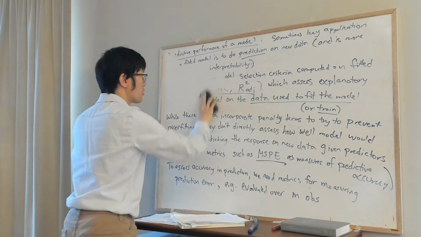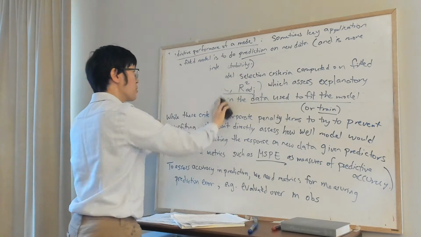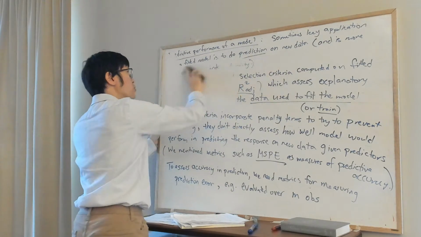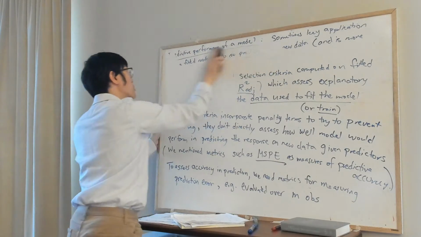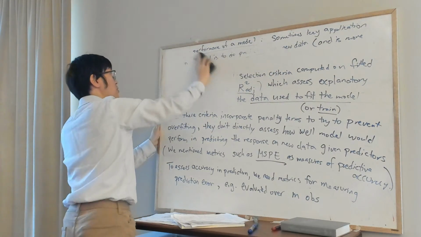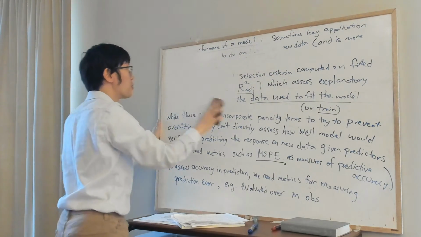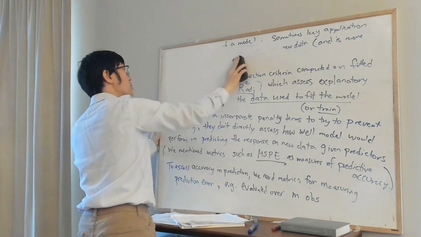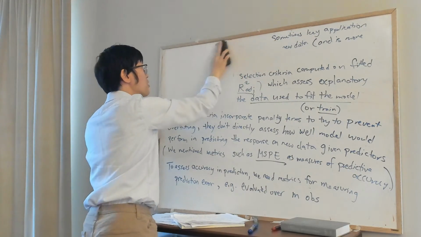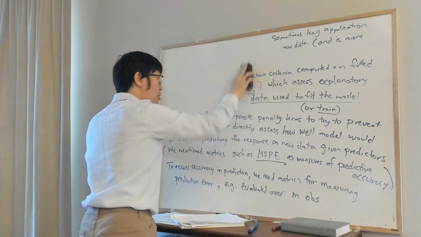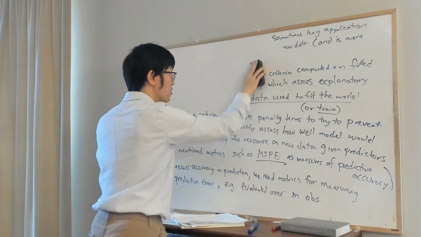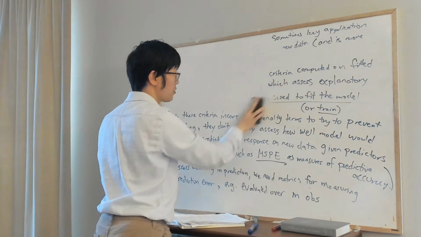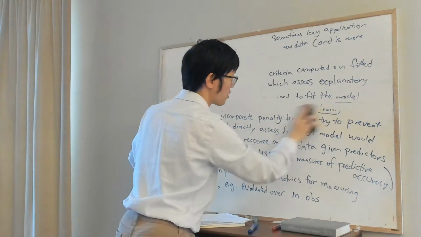One of the most natural ones is, considering that when we fit our regression models, we use least squares. What does least squares do? By construction, least squares seeks to minimize, remember that it's a solution of an optimization problem which minimizes the sum of squared errors from the model.